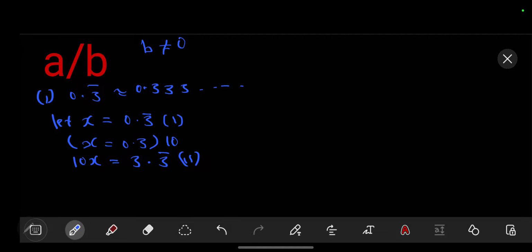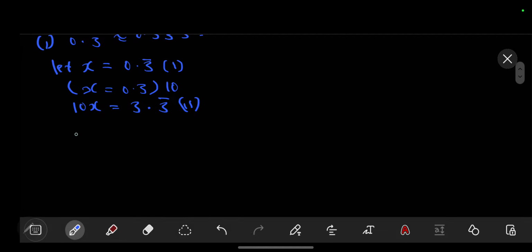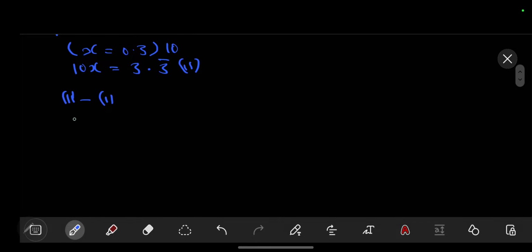Now since we have two equations, what are we going to do? We are going to simply subtract equation 2 minus equation 1. So we have 10x equal to 3.3 bar, and we also have x equal to 0.3 bar.